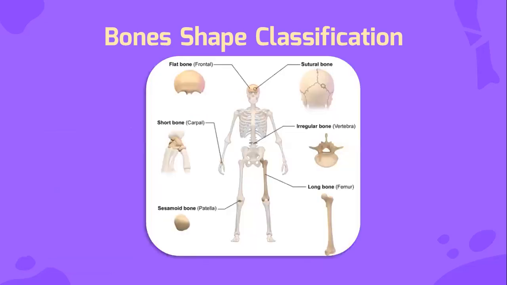So here we have some examples. Here I found another type of classification that takes into account the main four types of bone. However, here we have two extra types of bones, which are the sutural bones. Can anybody tell me the name in Spanish of a sutural bone like this?